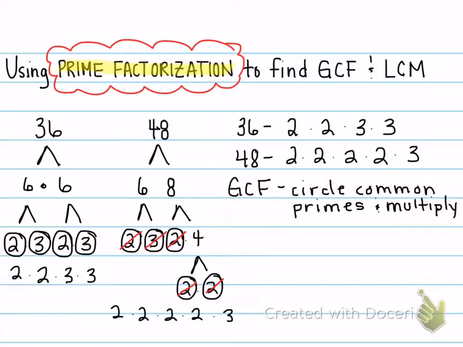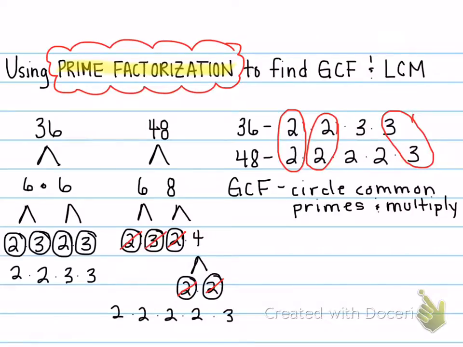So if I look here, what's common to both 36 and 48? 2 and 2 are common. Another 2 and 2 are common. And a 3 and a 3 are common. You can't circle the two 2s that are in the 48 because it's not one in each number. So it says circle the common primes and multiply.